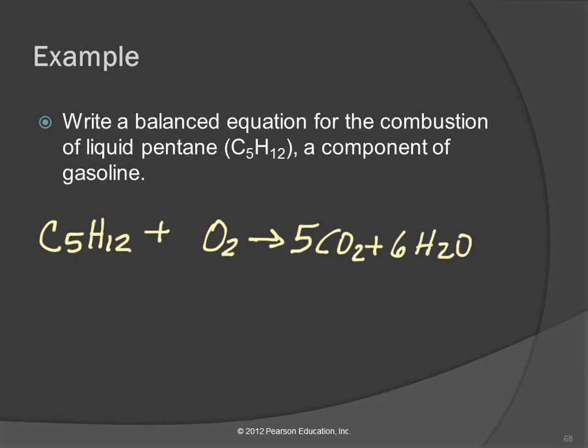Now oxygens, in this one I've got 5 times 2, I've got 10 oxygens there, and here I've got 6, which is thankfully an even number. So I've got 16 on the right, so I need an 8 over here on the left. And there's my equation. Any questions?